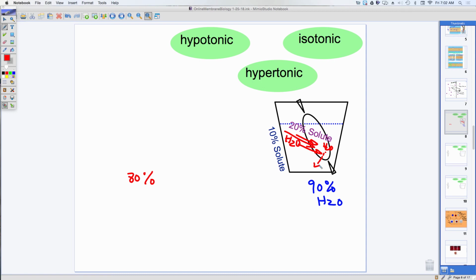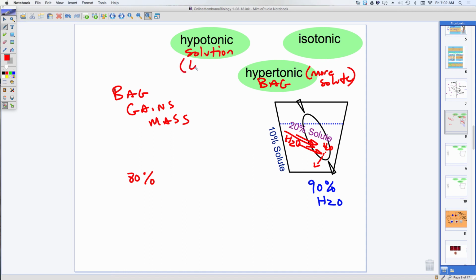The end result is that the bag gains mass, and we would say that the bag is hypertonic. That means it has more solute, and the solution is hypotonic, meaning it has less solute.